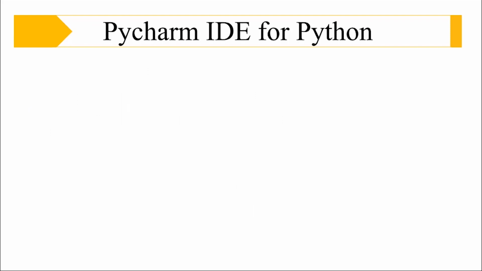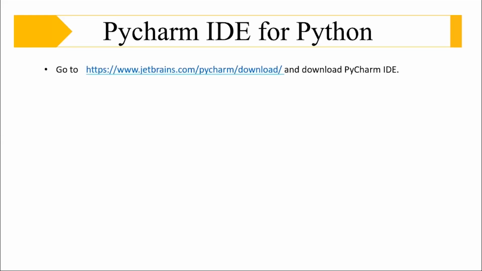We will be using the PyCharm IDE for Python. To work with PyCharm IDE, you just need to go to this website, www.jetbrains.com. PyCharm is a product of JetBrains that comes in two editions: professional and community. Professional is paid.